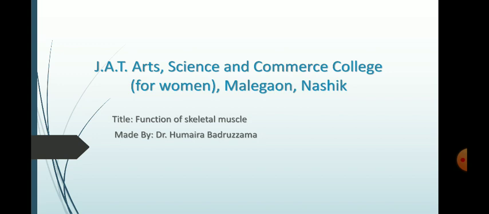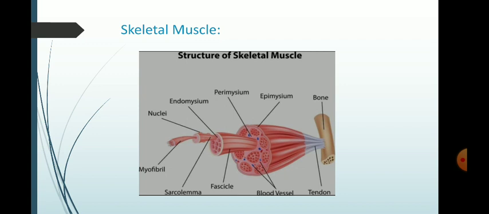The next function of the skeletal muscle is maintaining posture. The skeletal muscle itself is made up of an external covering which is known as epimysium. Inside of it, the bundles of muscle fibers are covered by a thin membrane known as perimysium.